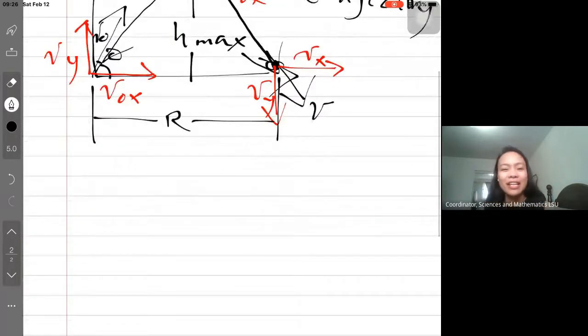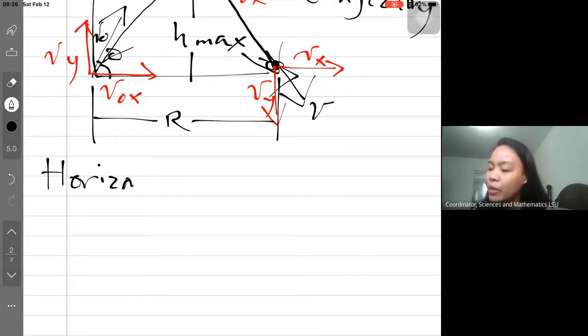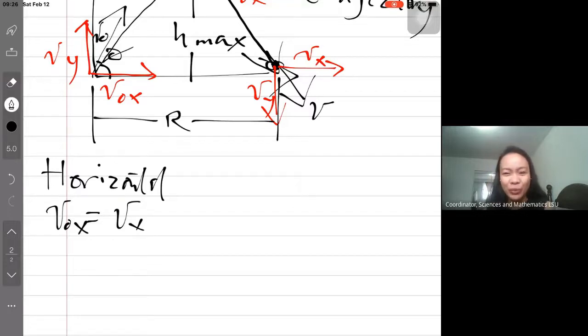All right, so let us have our equations for projectile motion. Just like the kinematics equations, we are taking our equations from the kinematics equations and the free fall. For the horizontal, our equations would be V sub OX is equal to Vx. Why would that be? The initial velocity of our projectile is equal to the final velocity along the x-axis.